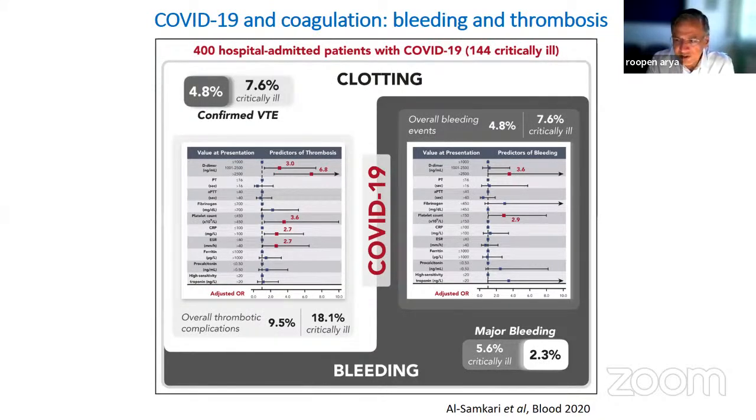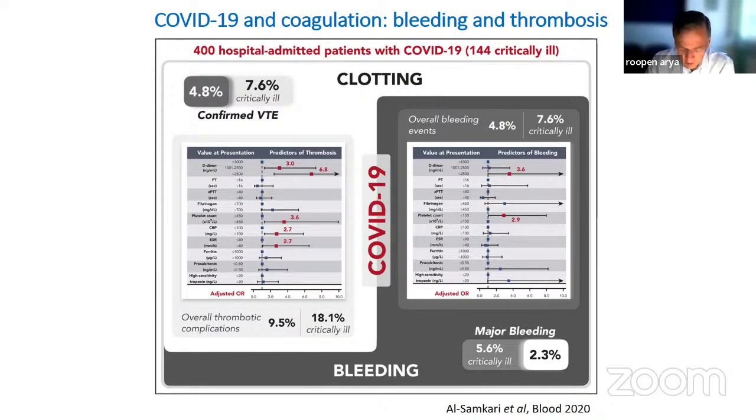This was an early multi-center retrospective study of 400 hospitalized patients, which showed an overall bleeding rate of 4.8% and major bleeding rate of 2.3%. And they found that D-dimer was predictive not only of thrombosis, but also bleeding.